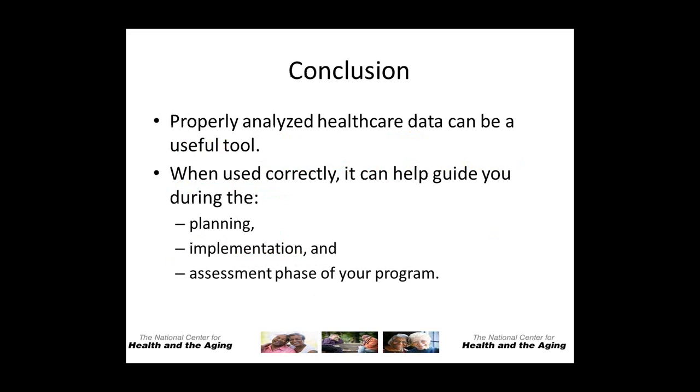In conclusion, we want to remind you that when you are able to identify the healthcare data resources and use them properly, they can be a great tool, not just for planning programs, but also for applying for grants. Using data sources can help you through all phases of the program planning process: planning, implementation, evaluation, and also applying to grants.